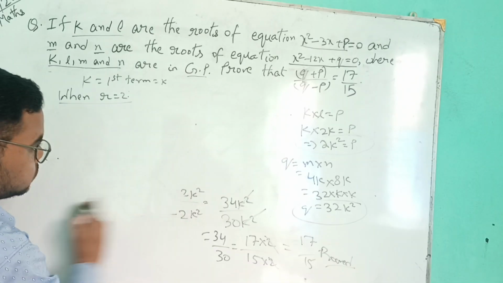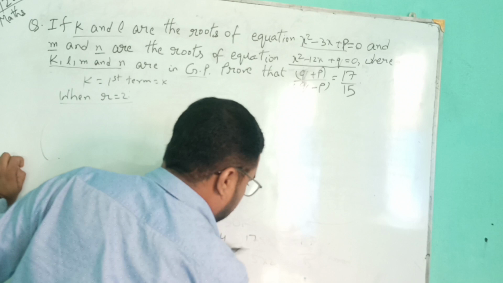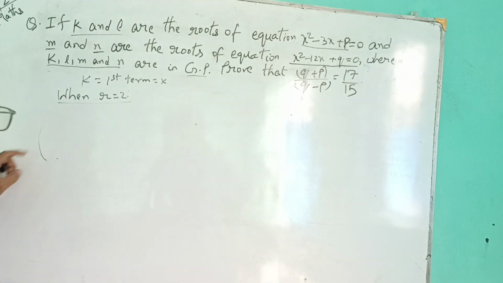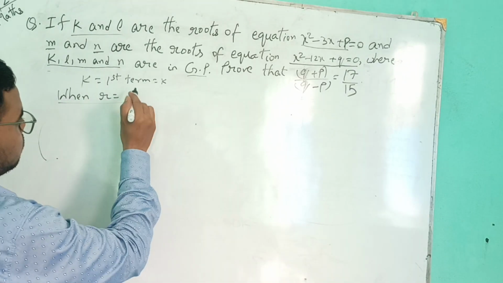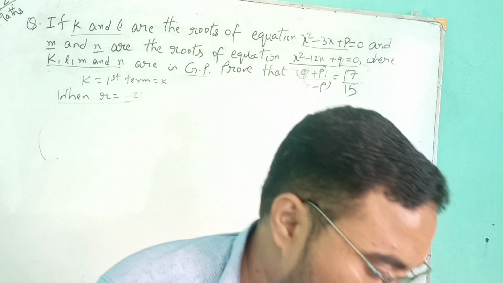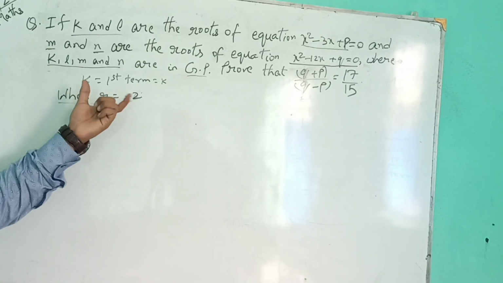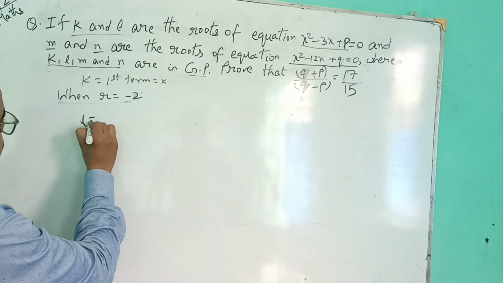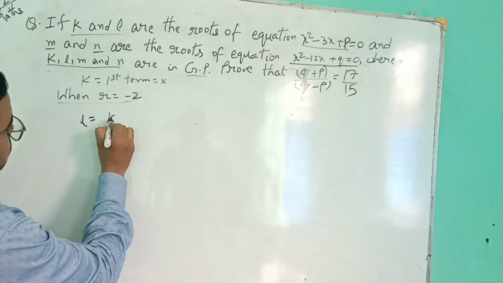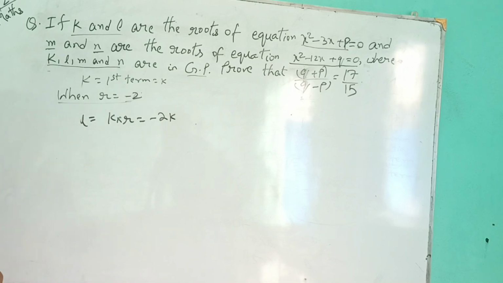Now when r equal to minus 2, the first term is k, and the second term l equal to k into r, equal to minus 2k.